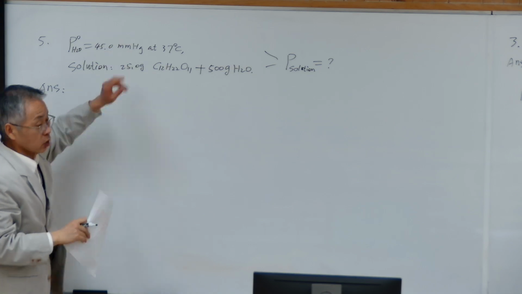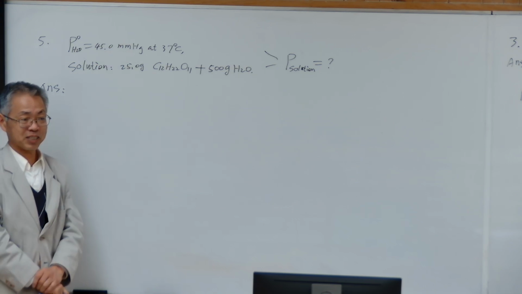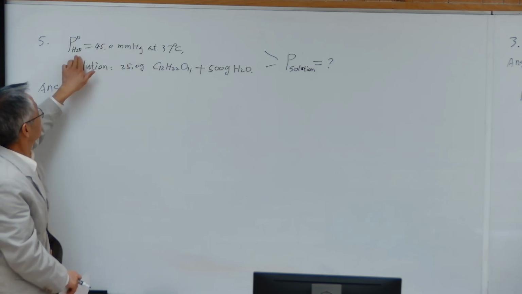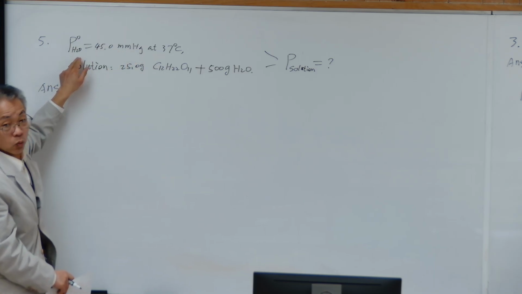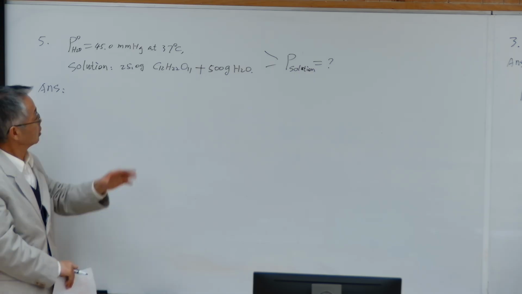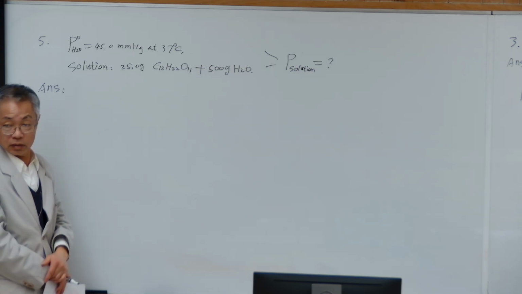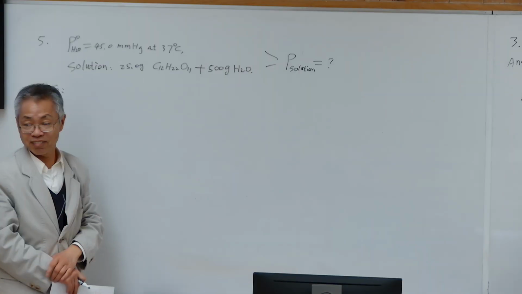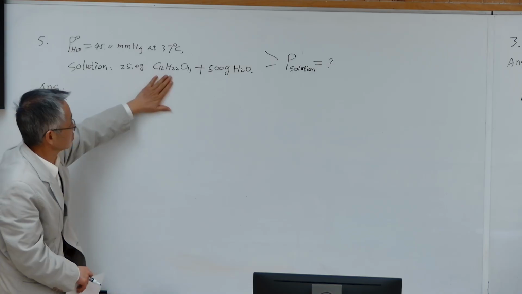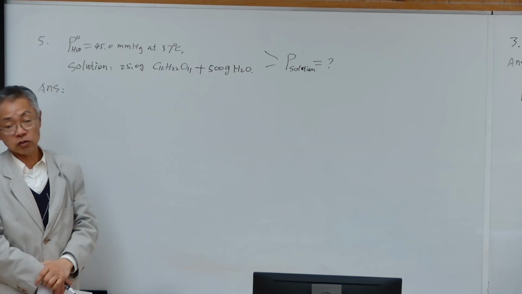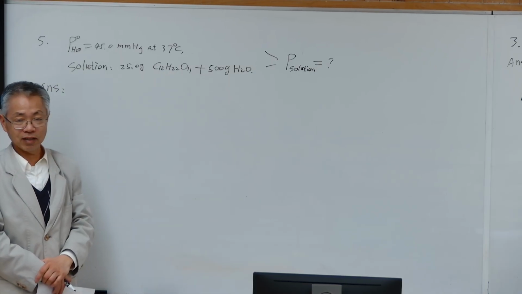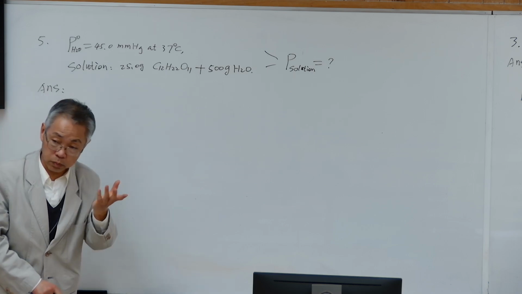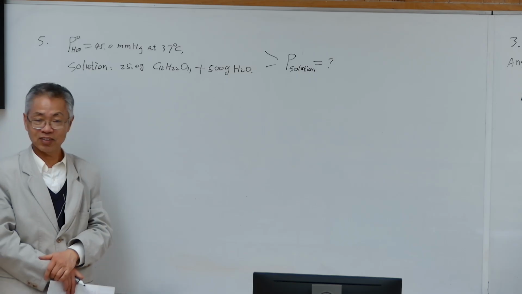Do you understand this question? First of all, you need to understand this question. So, I tell you the vapor pressure of pure water. P water 0 means pure water's vapor pressure, 45 at this temperature. Then also you calculate the solution's vapor pressure at the same temperature. This solution is 25 gram sucrose dissolved in 500 gram of water. So some solid dissolved in water will cause your vapor pressure to be lower, right?